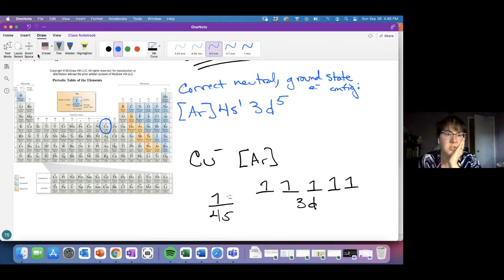They're probably correcting me in the chat and getting mad at me that I did this wrong. 3d10, it's copper, not chromium. Sorry, copper. 3d10.